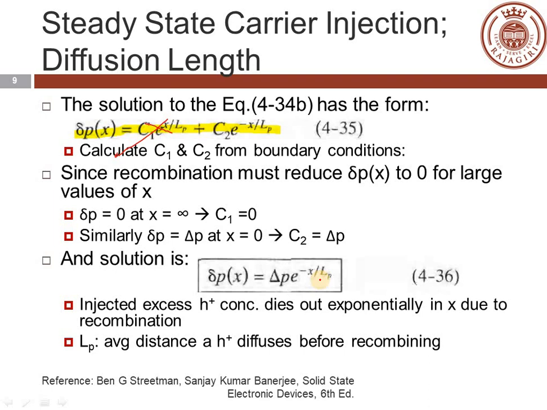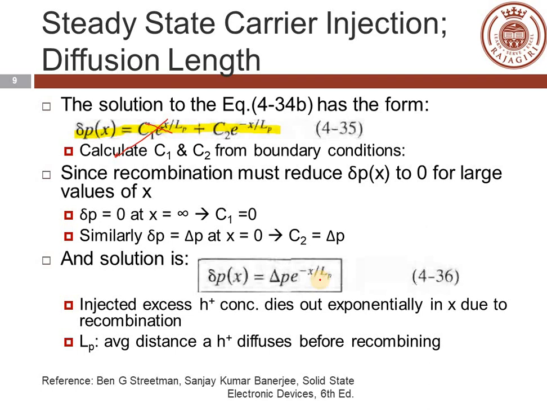Lp is the average distance a hole diffuses before its recombination. Now we will be assuming that a hole injected at x equal to 0 will survive till the point x. Then it will recombine in a further interval dx. So we need to find the probability of a hole that will survive till point x. Then we need to find the probability that it will recombine in a further interval dx from x.